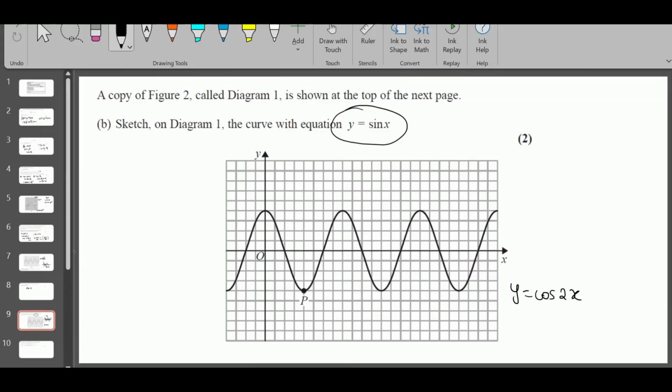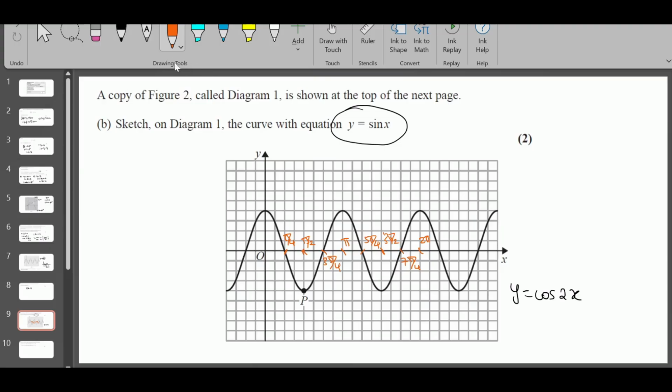That's the trick here. So this is pi over 4, 2 pi over 4, 3 pi over 4, 4 pi over 4, 5 pi over 4, 6 pi over 4, 7 pi over 4, 8 pi over 4.